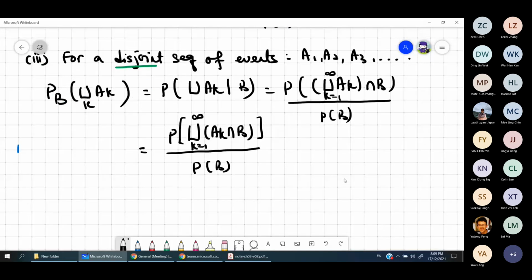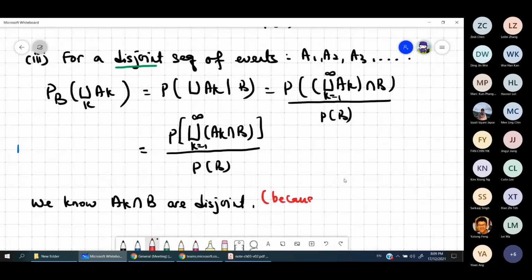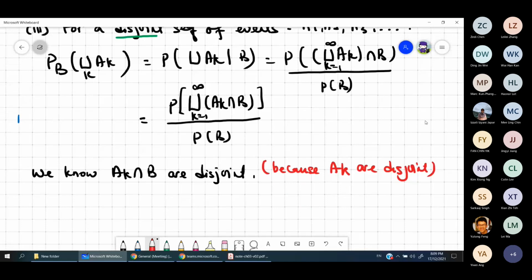Now because all the A_k are disjoint, we know the A_k and B are disjoint. It's clear that when these are disjoint and P is a probability, this must be like this.